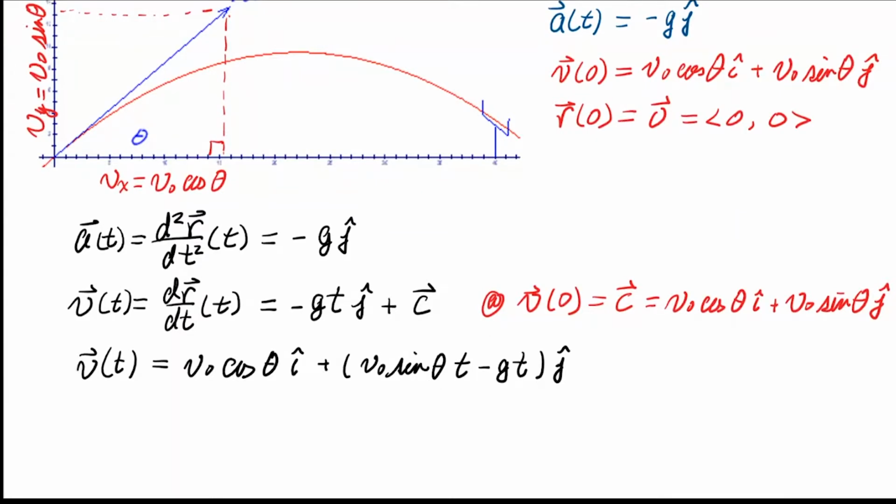Then we integrate one more time, and that gives us r, because this v was dr/dt. So we have v naught cosine theta t. When we write it like this, t is not the argument of cosine, it's separate: cosine theta, parenthesis, t.